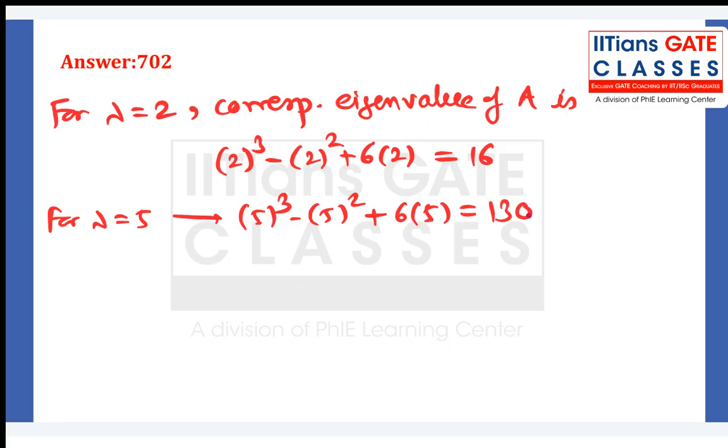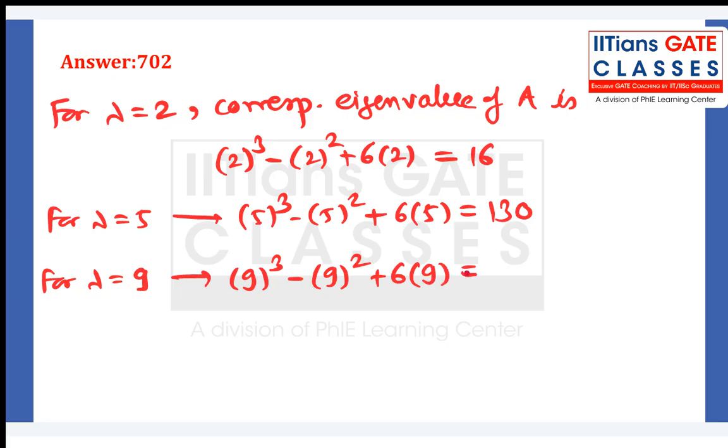Similarly, for lambda equal to 9, that will be 9 cube minus 9 square plus 6 into 9. You can do this calculation, it turns out to be 702, because 729 minus 81 plus 54. So these 16, 130 and 702 are the eigenvalues of your matrix A.